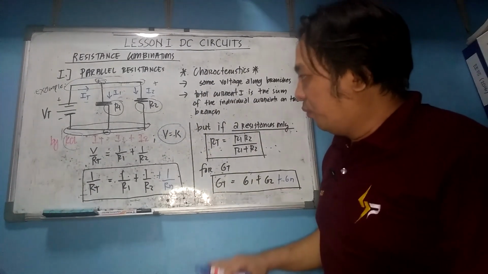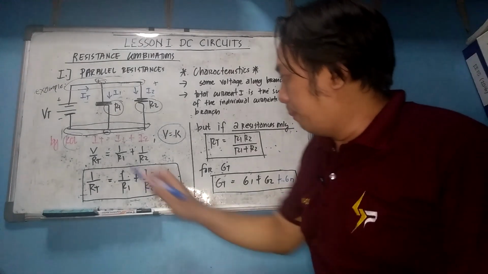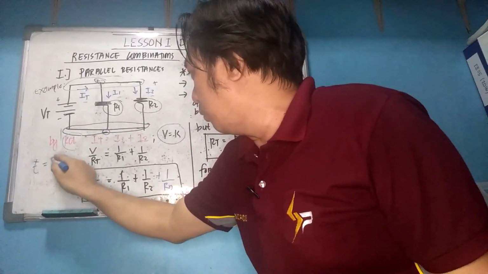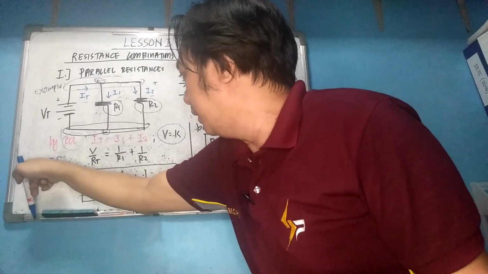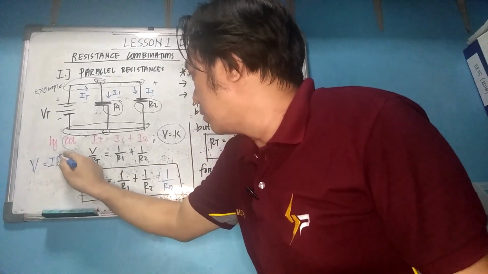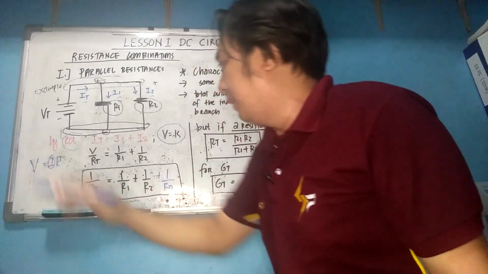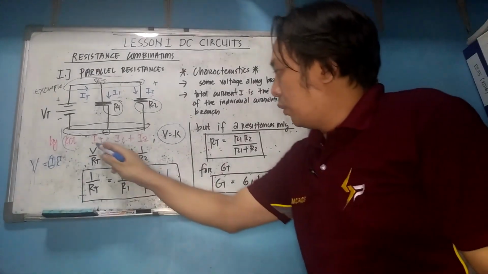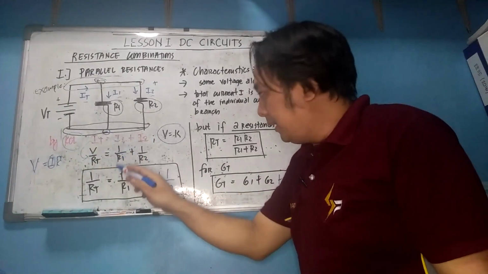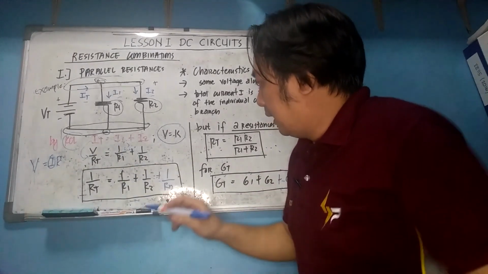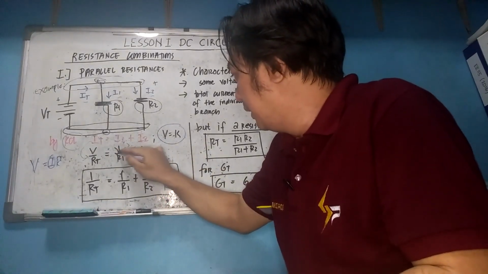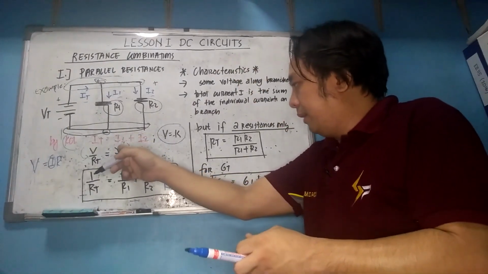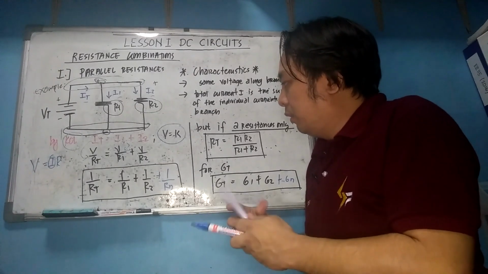So let's move forward to the calculation part. By Ohm's law, we know that E is equal to IR, or V rather, is equal to IR. So we can now get the current here by dividing voltage by the resistance. So IT here is V all over RT, I1 is V all over R1, plus I2, V all over R2.